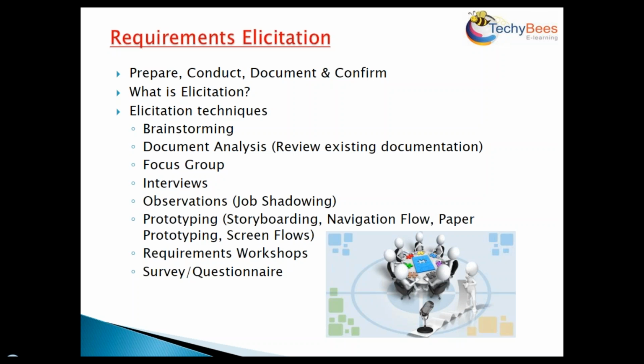Other than that, we have the document analysis. Other than the brainstorming, elicitation technique, we have document analysis. So in document analysis, we'll be reviewing the existing documentation process. So what are the existing documentation for the process? The system or the existing process should have documentation.